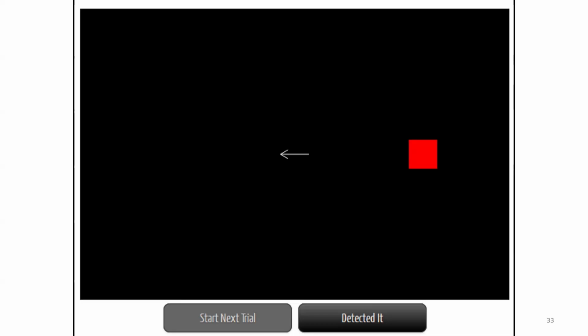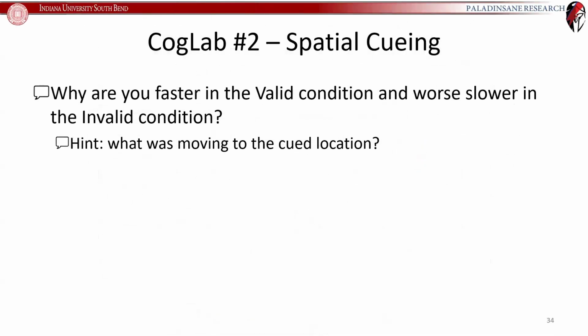So that difference, those 35 milliseconds difference between the valid and the invalid conditions, that's basically the amount of time that it took your mind to move your attention from that incorrect location back over to the correct location to the point where you could process it and say, yes, I can see a square there.